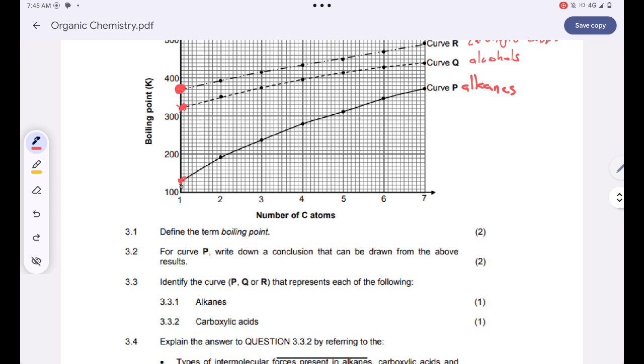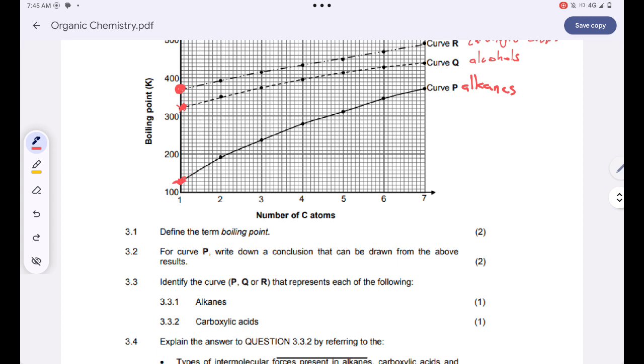Let's check here. If we have one carbon on our alkane, that will be methane. Methane has that amount of boiling point, which is very low, between 100 and 200 kelvins.